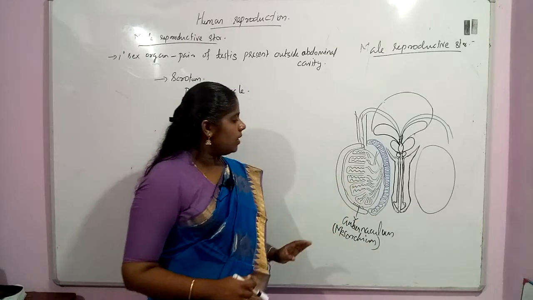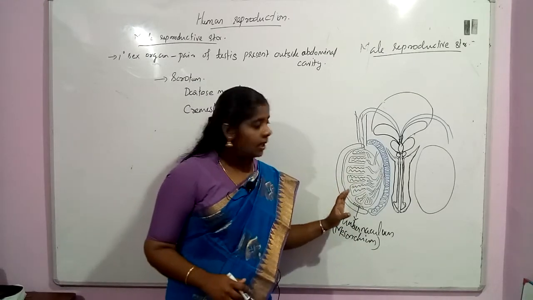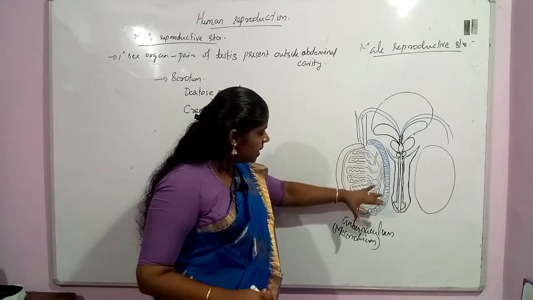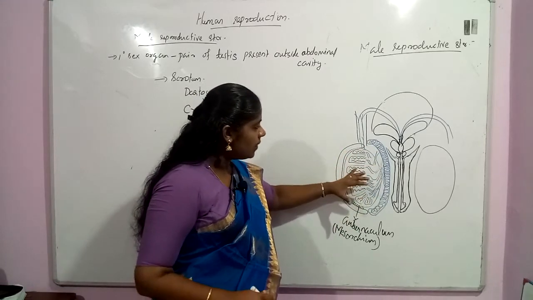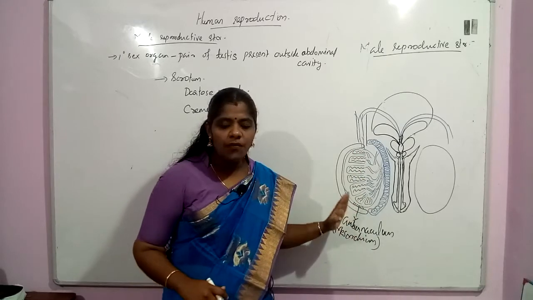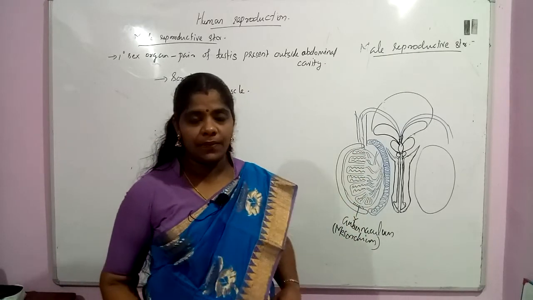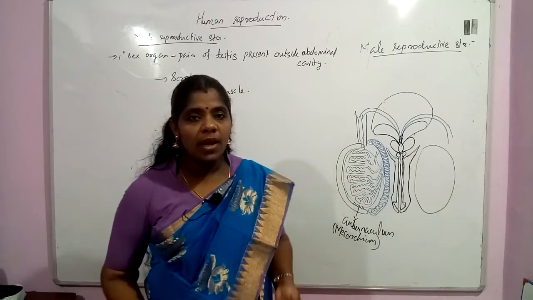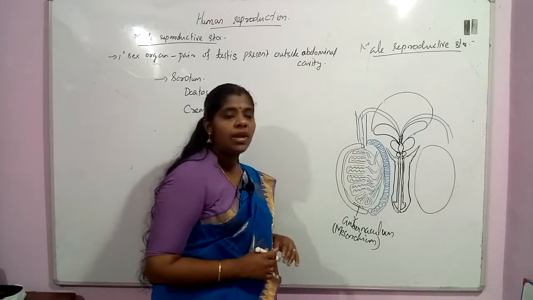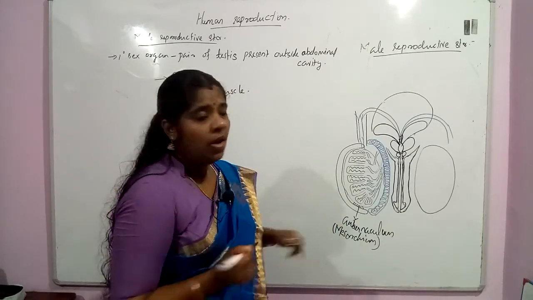Okay. Now, if we see the structure of this testis, it is covered by the scrotum wall. Looking at the coverings, the outer covering is called the tunica vaginalis.